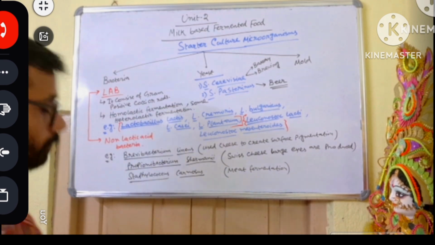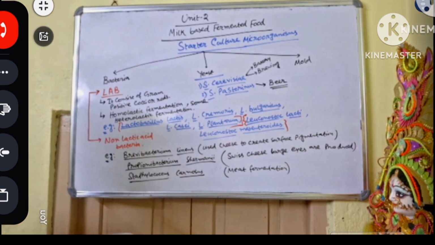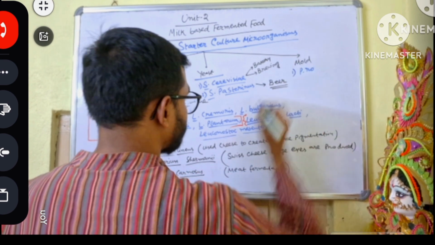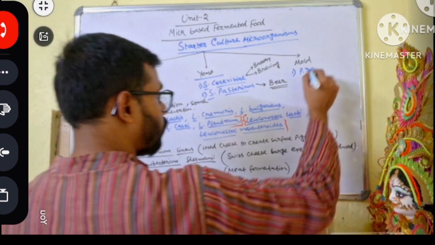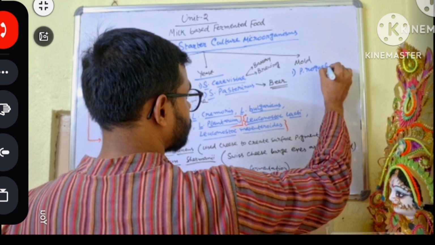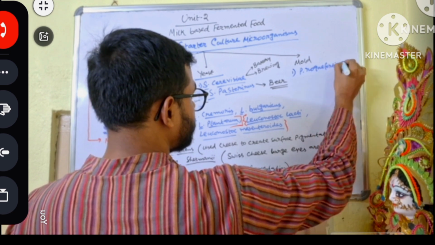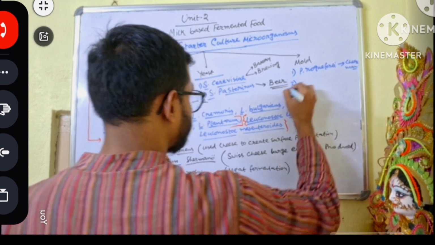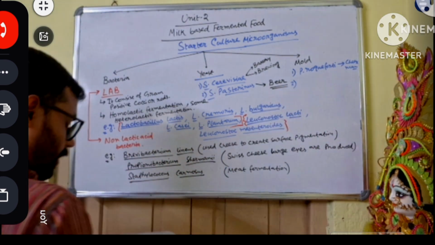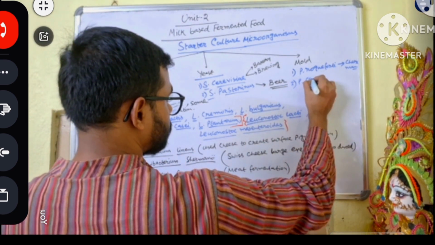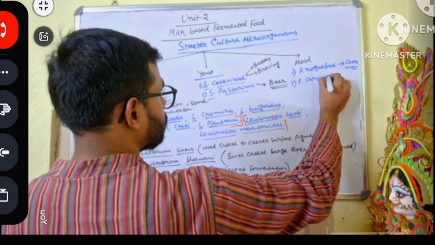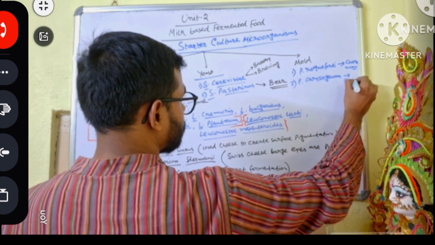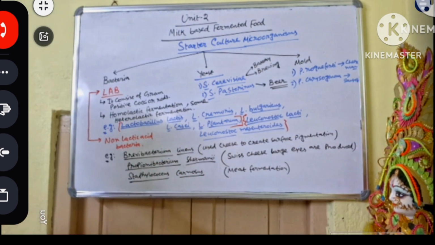Mold: Penicillium roqueforti, cheese making. Penicillium chrysogenum, sausage, a meat-based fermented product.